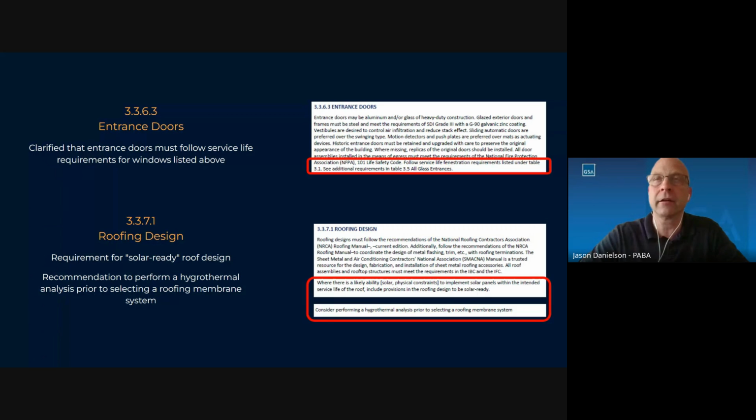You have the conduit already there, and potentially any support, unless it's a ballasted system. But if it's being attached to the structure, that infrastructure is already set up. And a recommendation to perform hydrothermal analysis before selecting a roofing membrane system. Best practice.